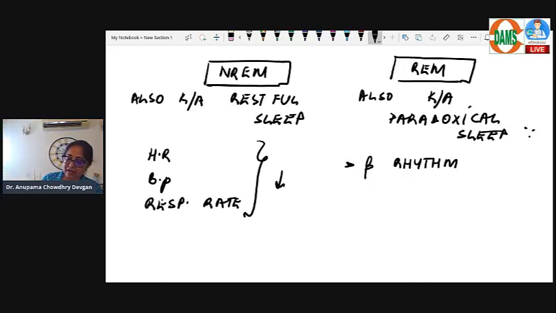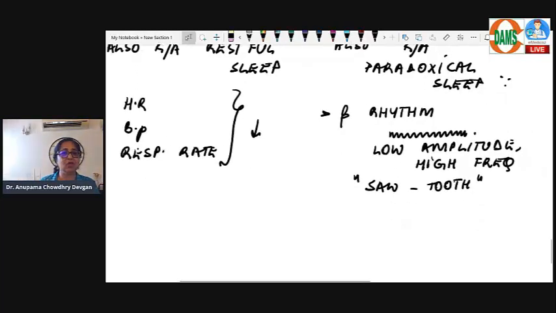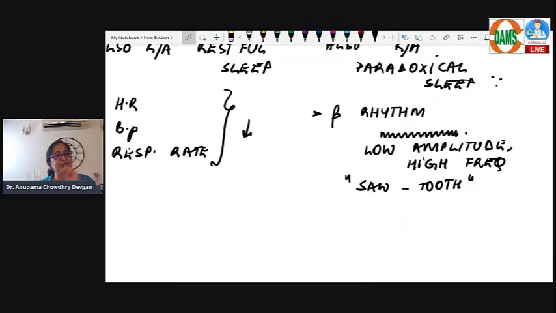Beta rhythm is low amplitude, high frequency activity, which I've already discussed with you. And this also gives the sawtooth appearance. Everybody's been bothering about the sawtooth appearance. Nothing like it. It's just low amplitude and high frequency. This has a sawtooth appearance.